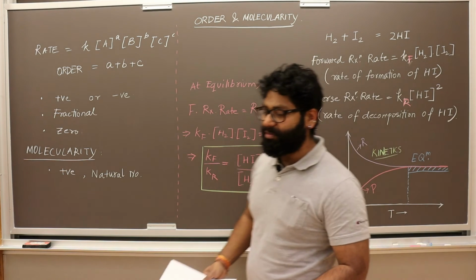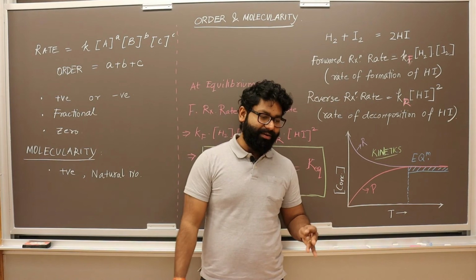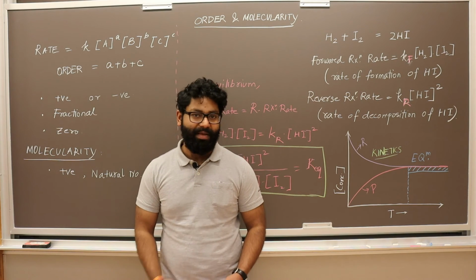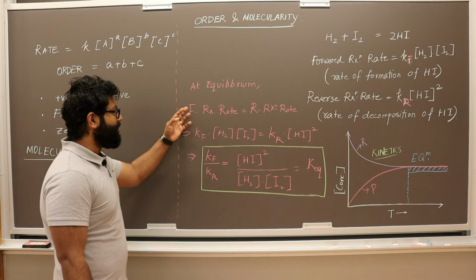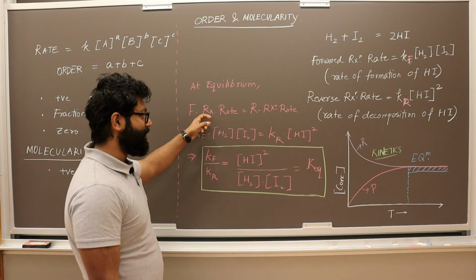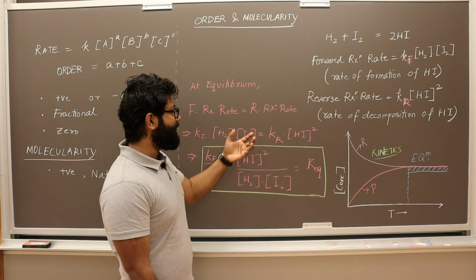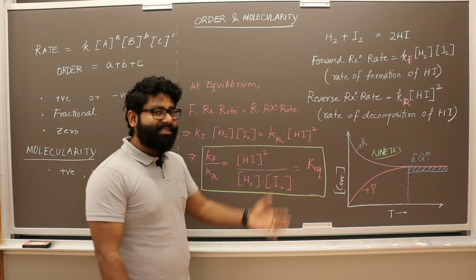Now, one more important thing to understand here is equilibrium doesn't mean that the reaction has stopped. This just means that at equilibrium, you have a forward reaction and you have a reverse reaction. All these things are happening, but those rates are equal.